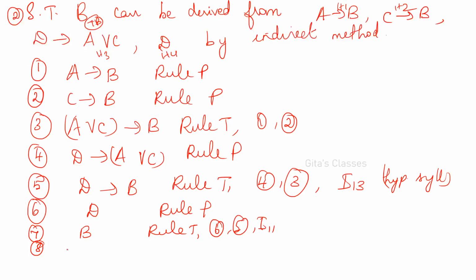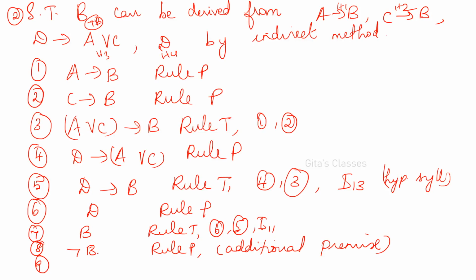Then I have one more, not B, as an additional premise. This is a contradiction of the given conclusion, that is rule P. I am introducing that, but it is not the given premise, so always you mention that it is an additional premise. Okay.